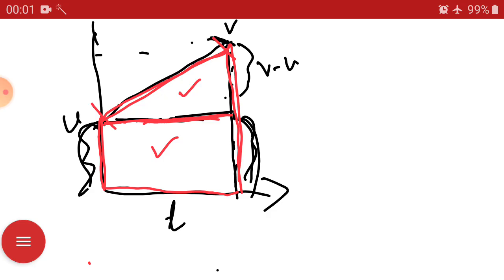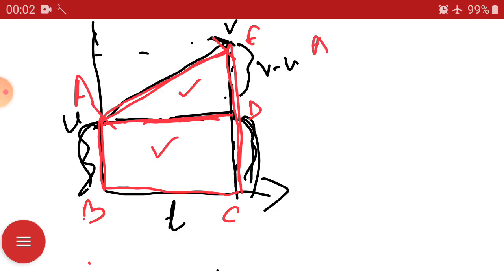So let us first use the area formula of a trapezium directly. Let me name this trapezium A, B, C, D and E. So in this trapezium ABCE, what is the area of this trapezium?